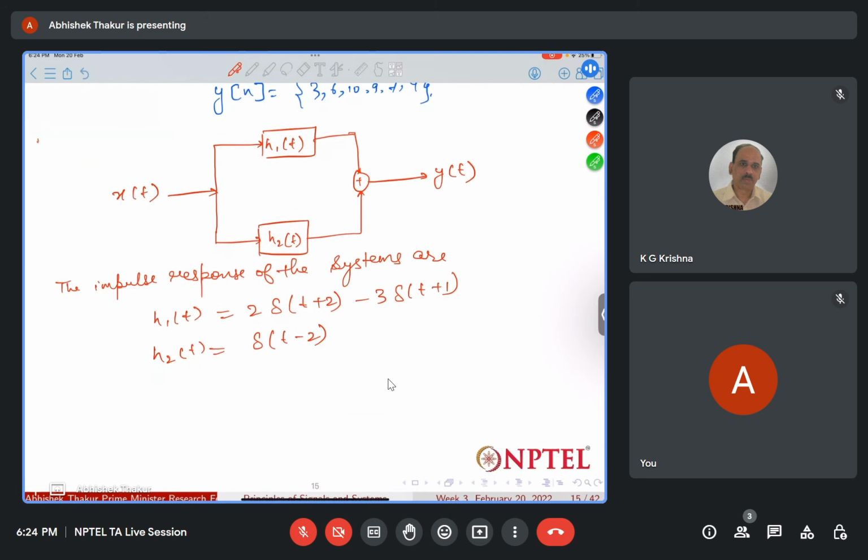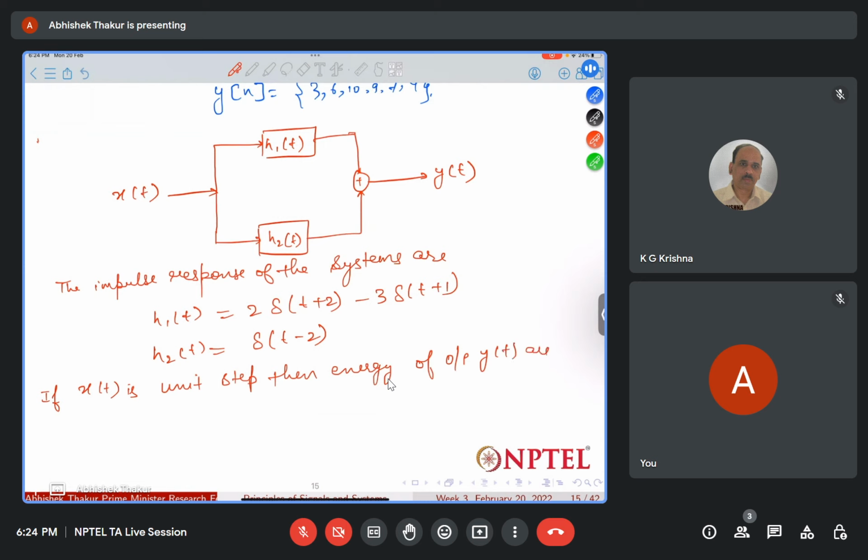If the input x(t) is a unit step, then the energy of the output signal y(t) is.